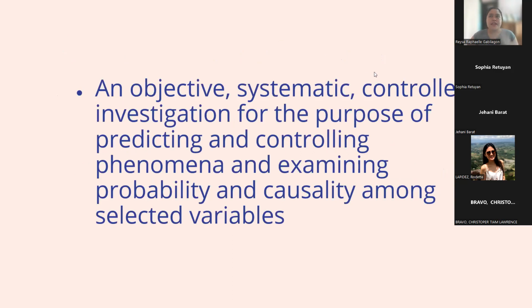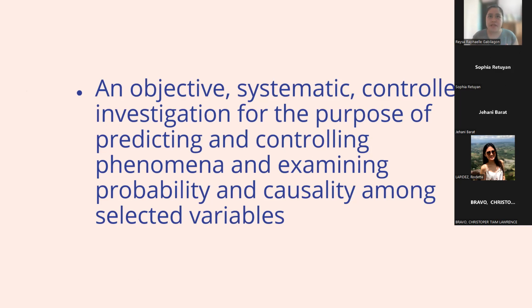Okay, so in experimental research class, it will be more strict compared to the other research designs. We will be more objective with this, systematic, meaning we will follow a certain stage or procedure on how to gather our data, and we have controlled investigations here.